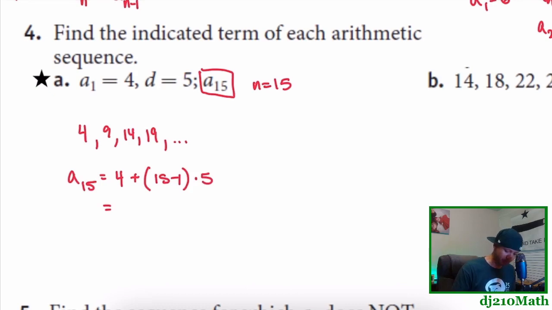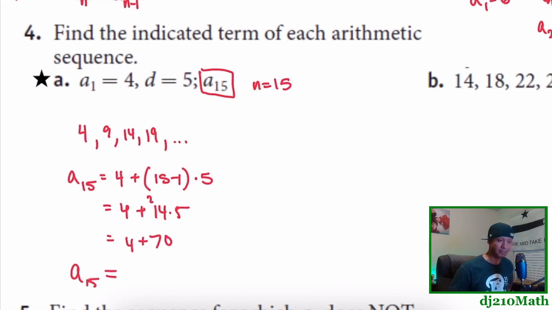So simplifying, 4 plus 14 times 5. What's 14 times 5? 4 times 5 is 20. Carry the 2. 5, 6, 7. So a sub 15, the 15th number in order, would be 74. So if you started this list, the 15th term would be 74.